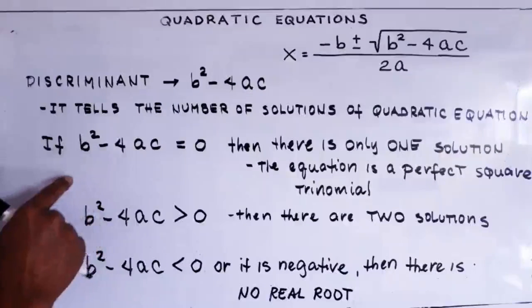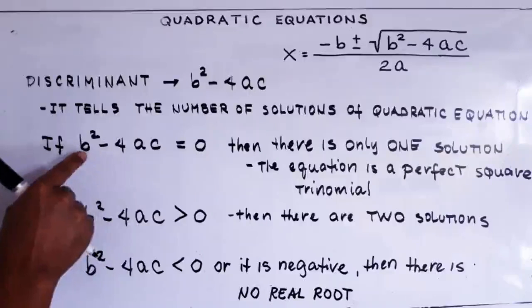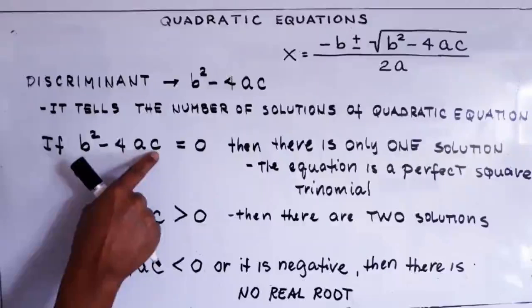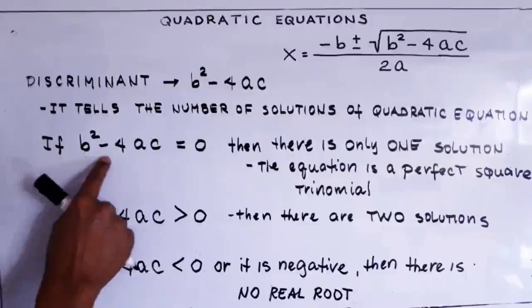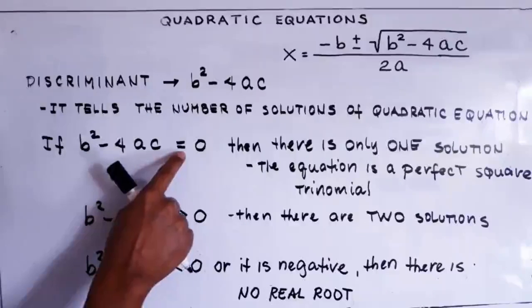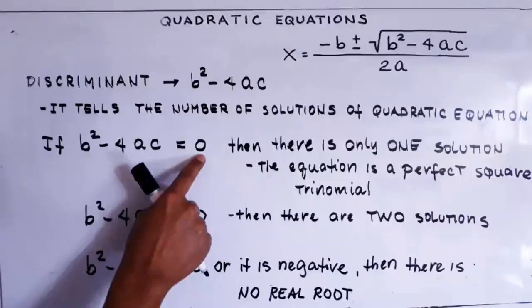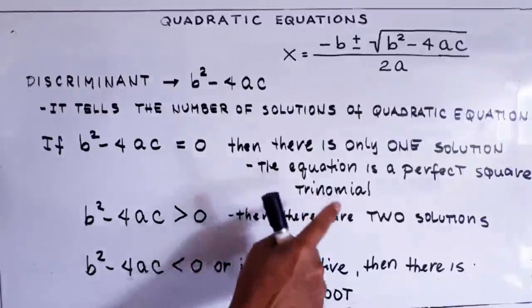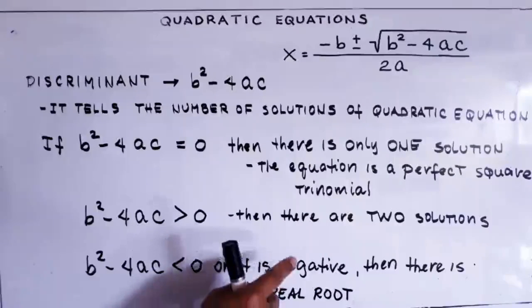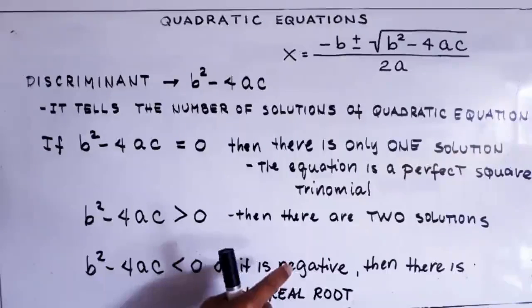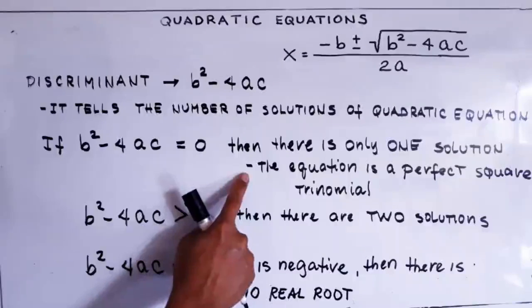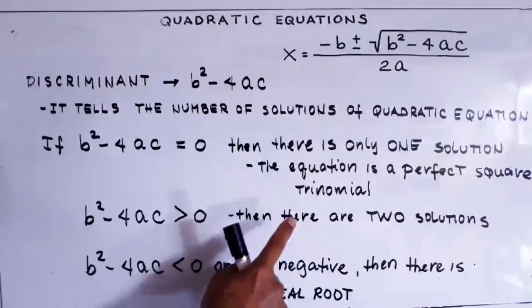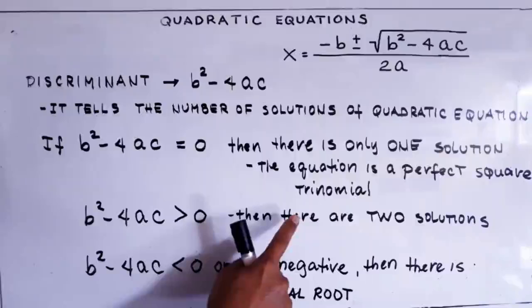If we substitute the values of a, b, and c here, and compute that, and it is equal to 0, meaning we have the square root of 0, then there is only one solution for that quadratic equation, and our equation is a perfect square trinomial.